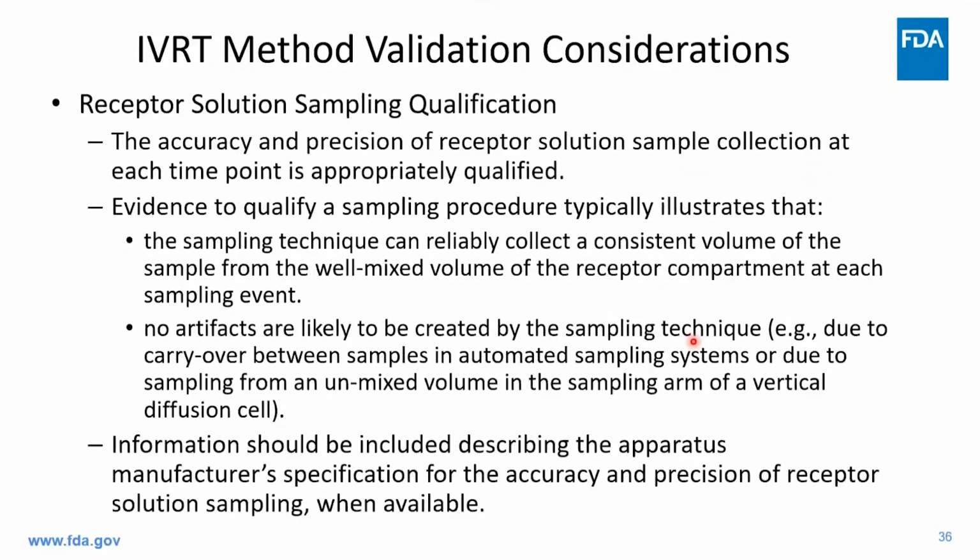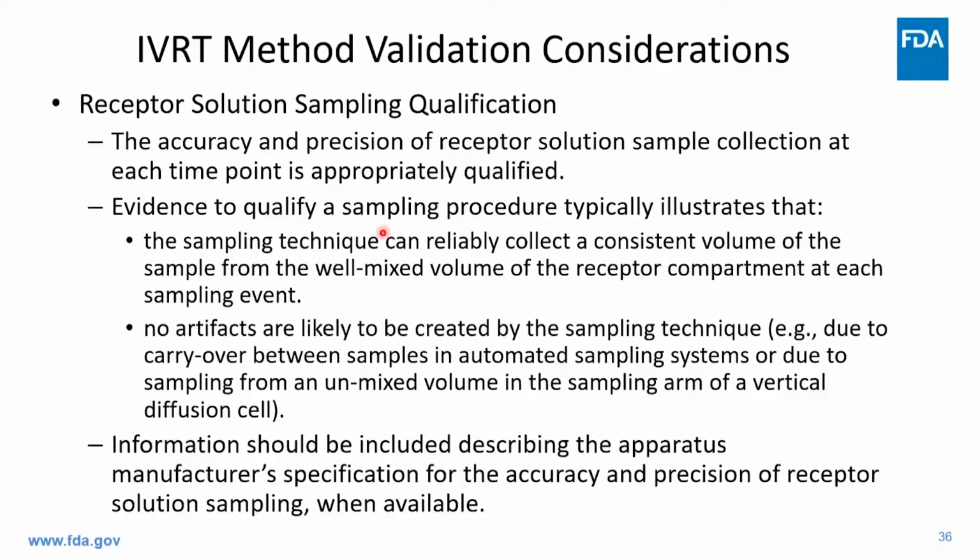In terms of the sampling schedule, before I even talk about the schedule, just the actual process of sampling and qualifying your ability to sample the IVRT method well, the accuracy and precision of receptor solution sampling, that sampling collection at each time point should be qualified.